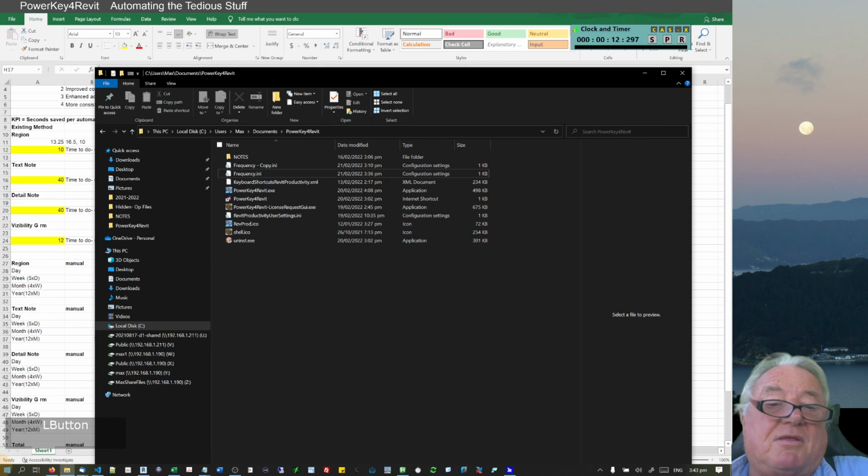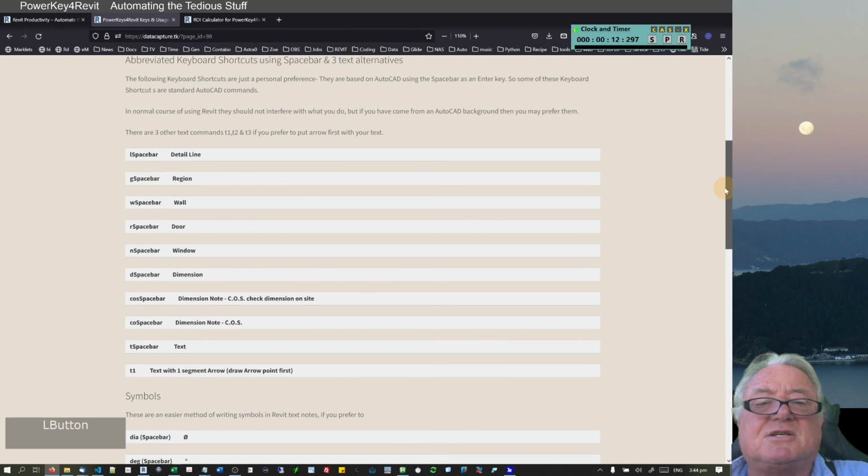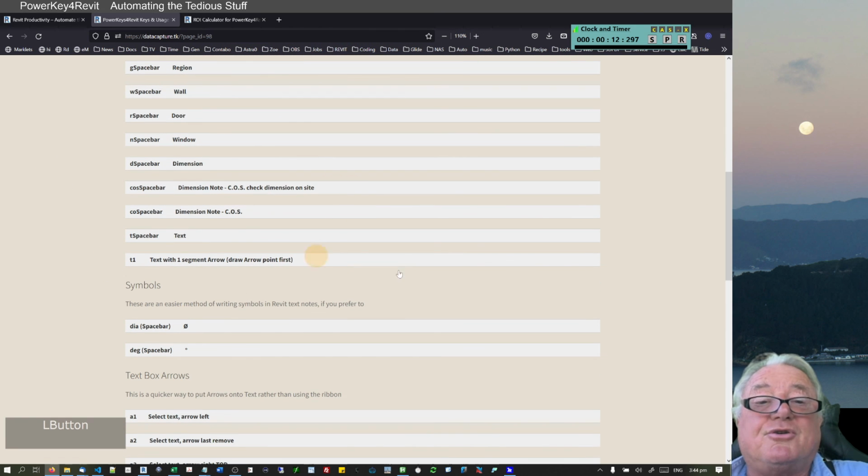But as I said, some of these keys, these first ones through here, the door, the window, all of those, are going to take exactly the same time as what you were doing originally. It's just a different style that I particularly like, so you may not use some of those.